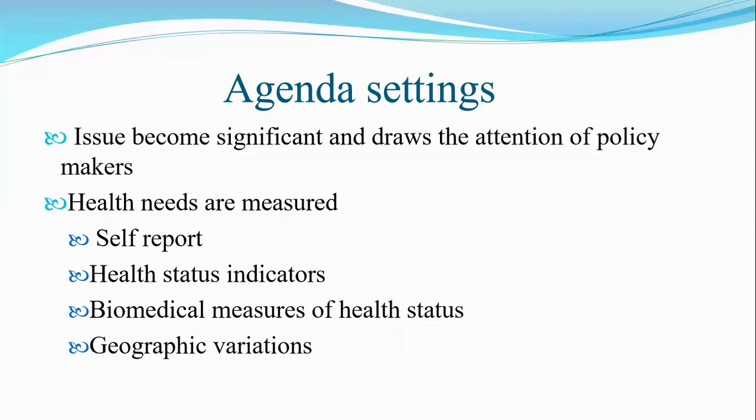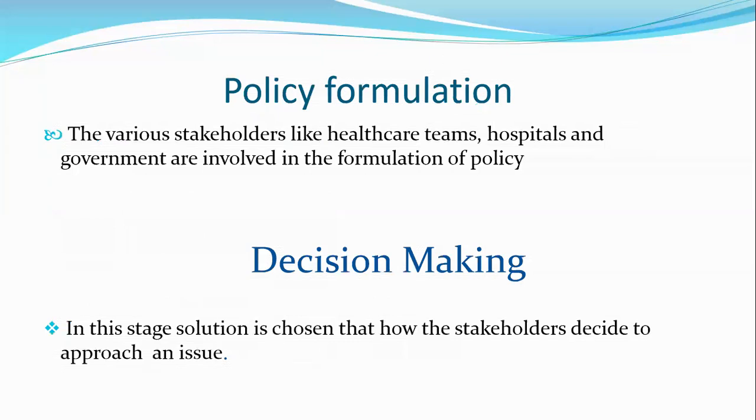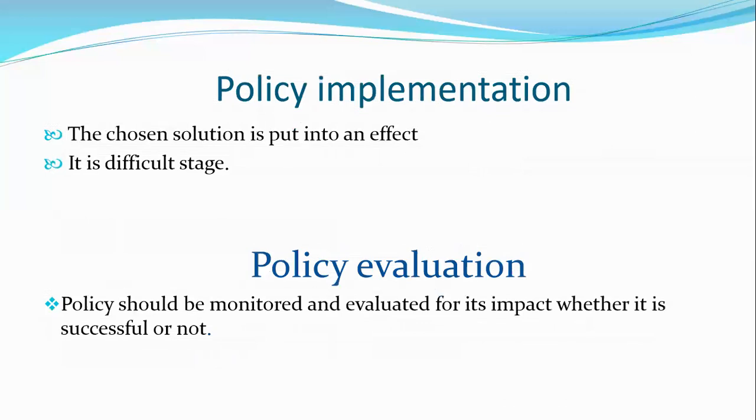Health needs are measured by self-report, health status indicators, biomedical measures of health status, and geographic variations. Next is policy formulation. Various stakeholders like healthcare teams, hospitals, and governments are involved in the formulation of policy. Next is decision making. In this stage, a solution is chosen, that is, how the stakeholders decide to approach an issue.